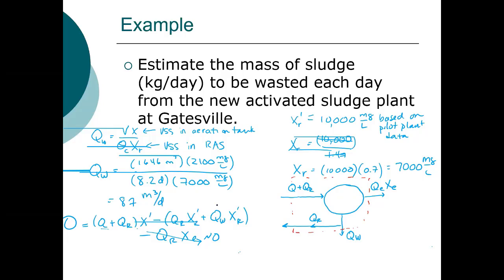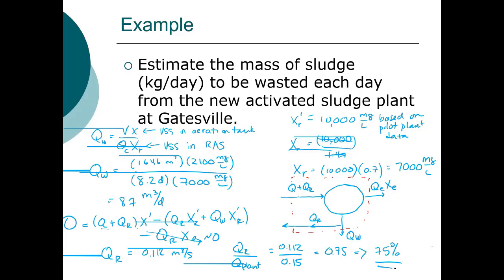And if we substitute here, and I'm not going to go through the substitutions, QR is equal to 0.112 meters cubed per second. And QR over Q in the plant is equal to 0.112 over 0.15, and that's 0.75. That is 75% of your flow that is actually recycled.